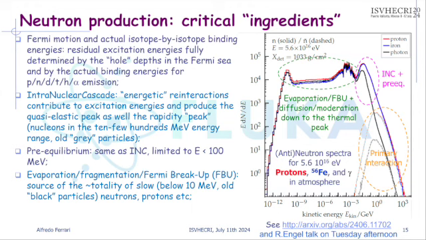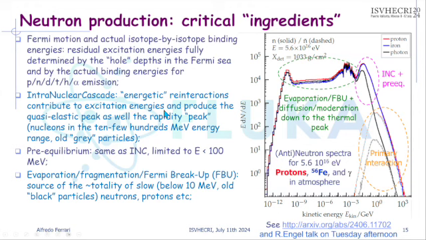If you don't have a Fermi sea, I don't think you can compute any sensible excitation energy. Excitation energy, taking into account that binding energies change isotope by isotope, is the critical ingredient for producing all low energy neutrons, or also low energy protons, alphas, whatever.